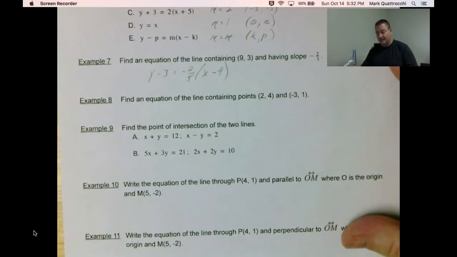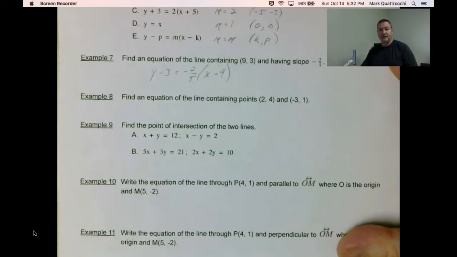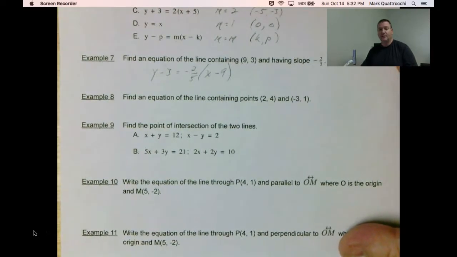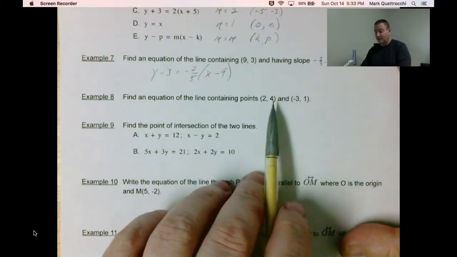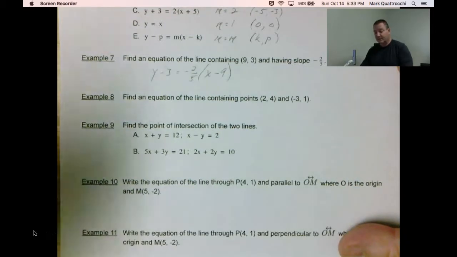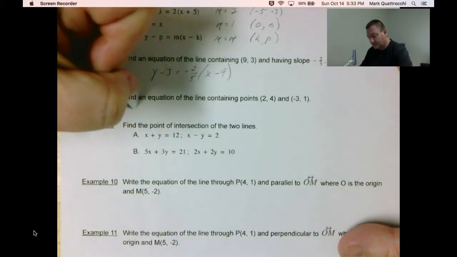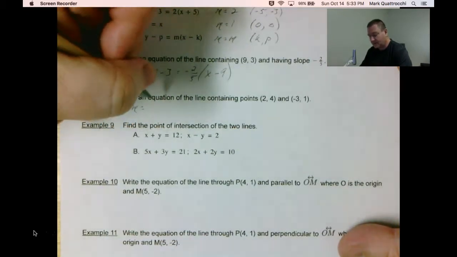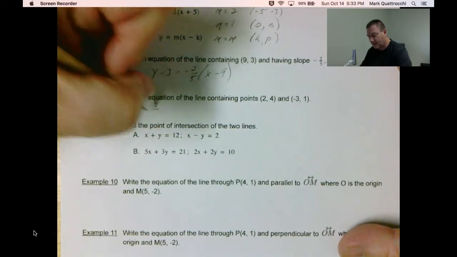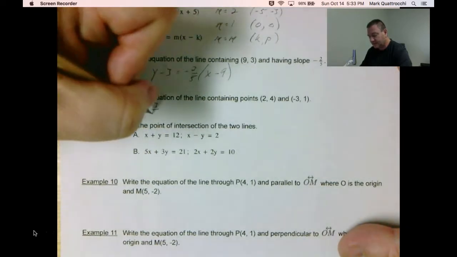Example 8. Find an equation of a line containing points 2, 4 and negative 3, 1. So let's find the slope and then use either one of these 2 points. It really doesn't matter. So our slope, m equals 1 minus 4 is negative 3. Negative 3 minus 2 is negative 5.